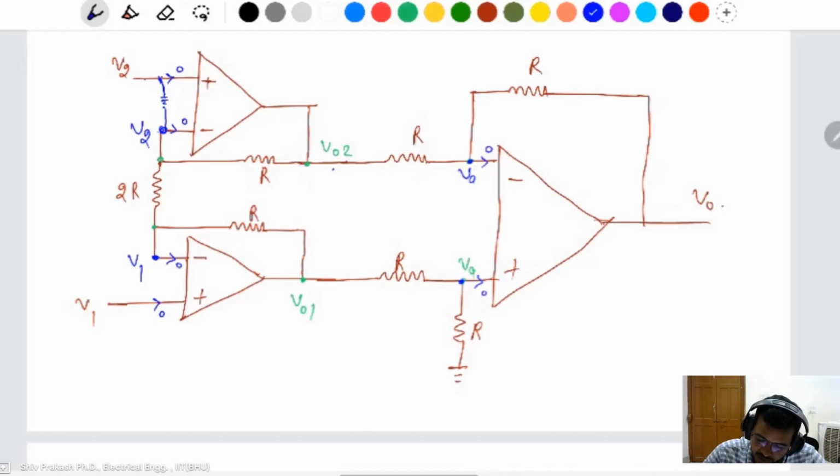This is the virtual short, same potential. I take VA as the potential. Then what is the current of this one? VA by R.